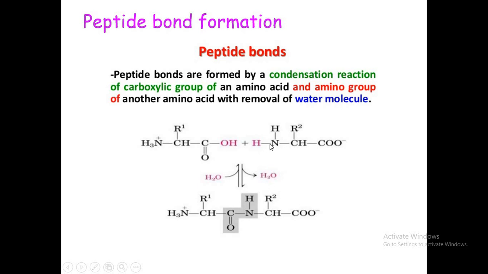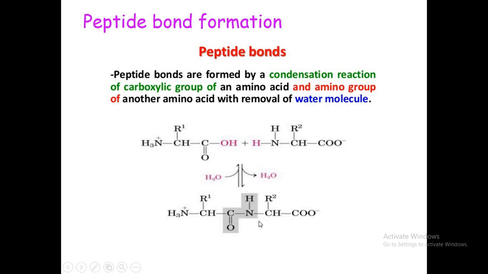Then this bond makes a joining with this bond. So at the end we have a peptide bond. You can see here C double bond O, bond N and H. This is the peptide bond. These two amino acids join with each other via a single peptide bond.